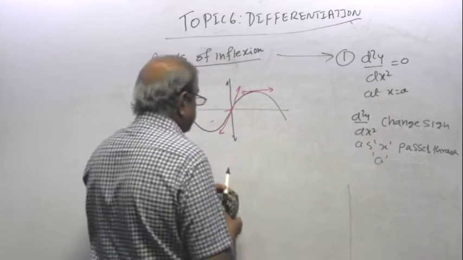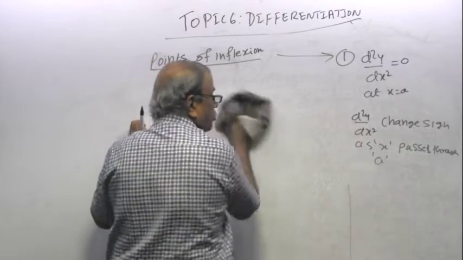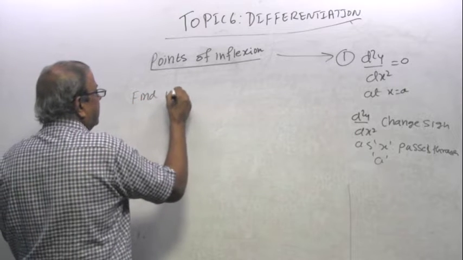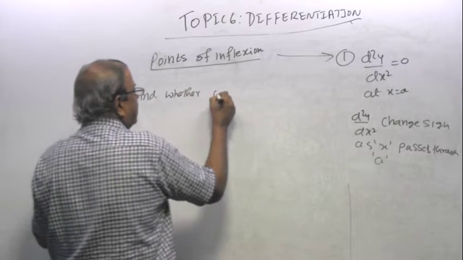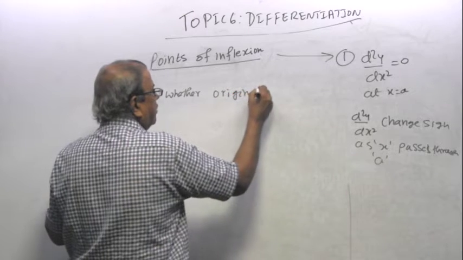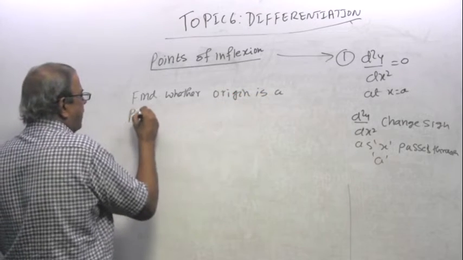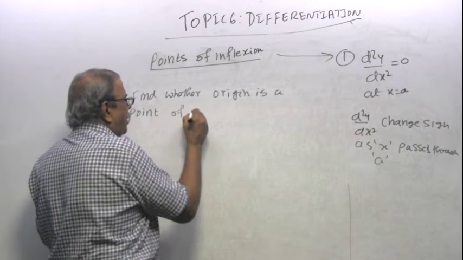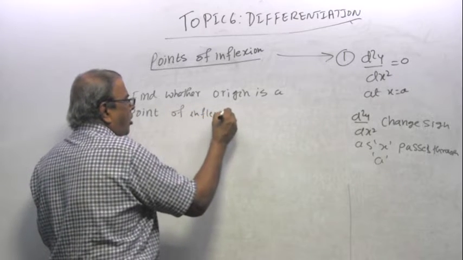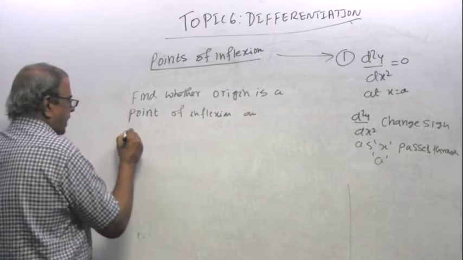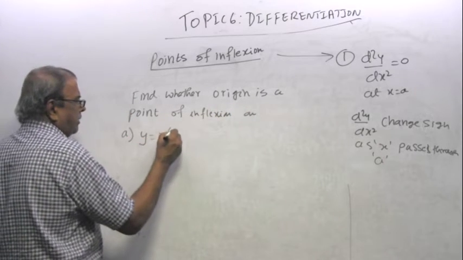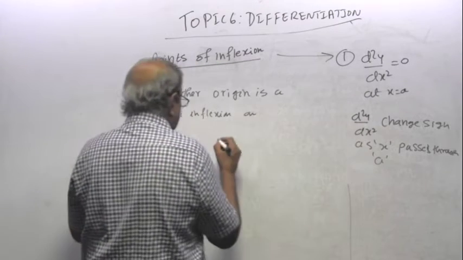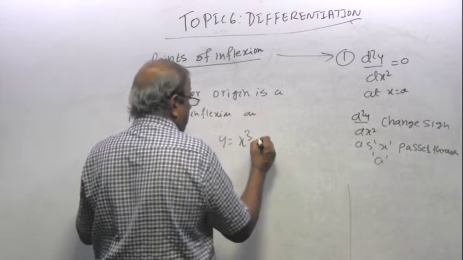Find whether the origin is a point of inflection on part A, y equal to x power 6, and part B, y equal to x cube minus 3x. I don't know whether this is necessary for A level, but some boards do have it.